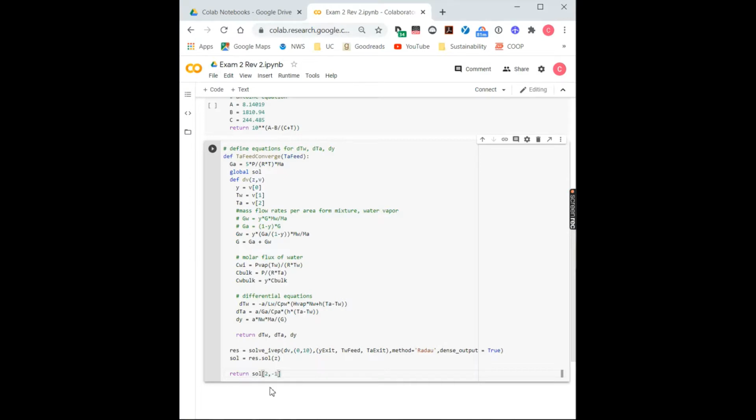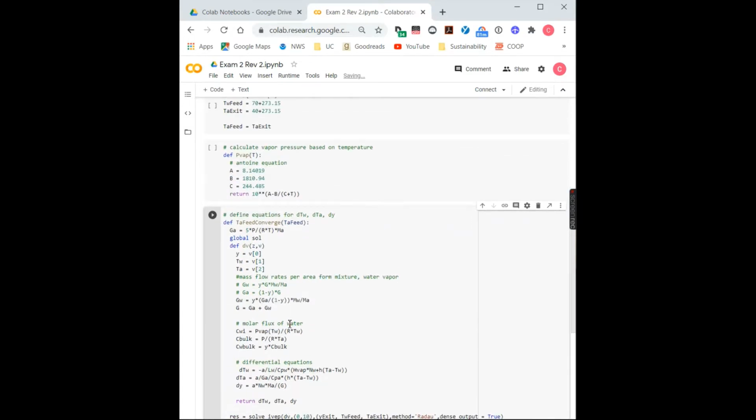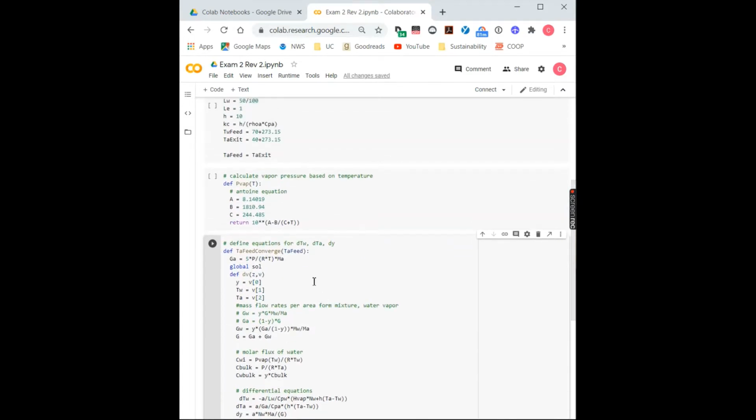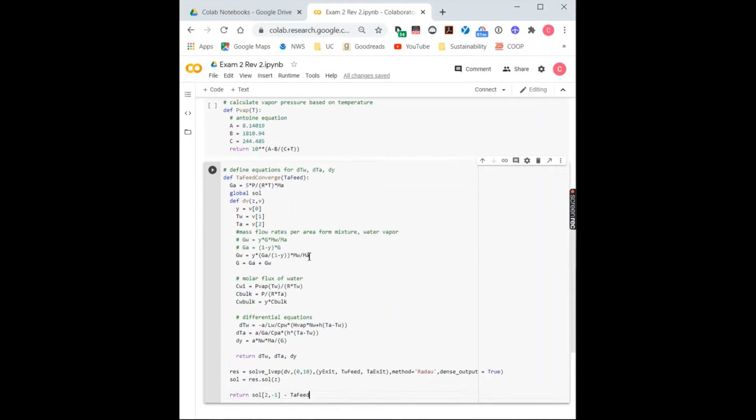We're looking at the final value of this vector, which is where z equals 10, thus where the air is being fed to the cooling tower. And we subtract our feed temperature that we're calculating for up here.